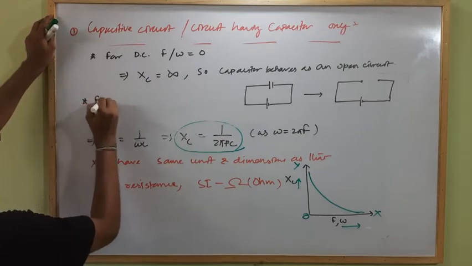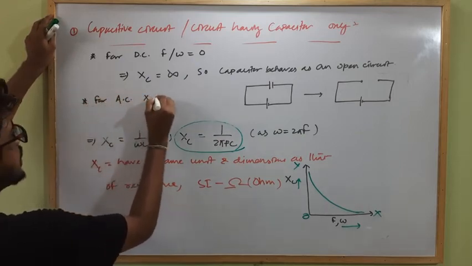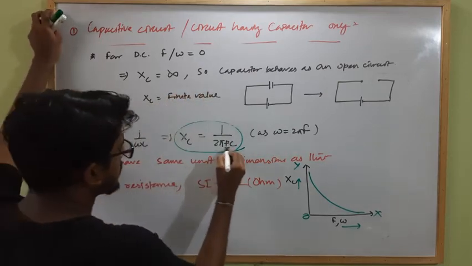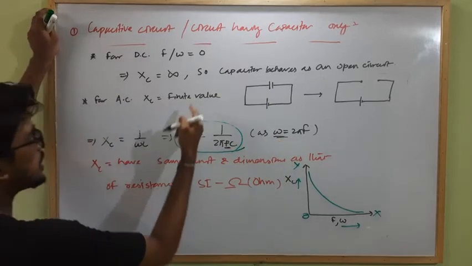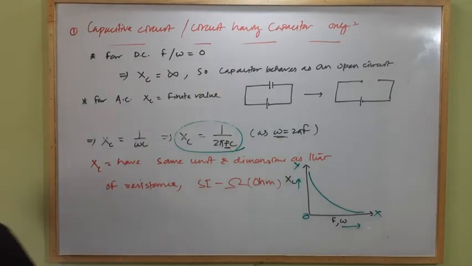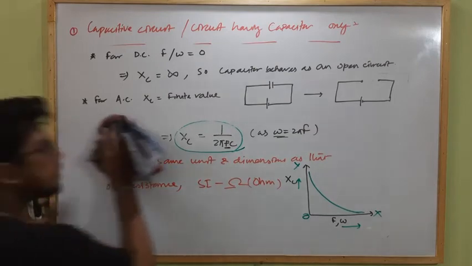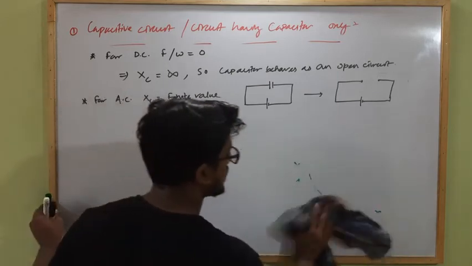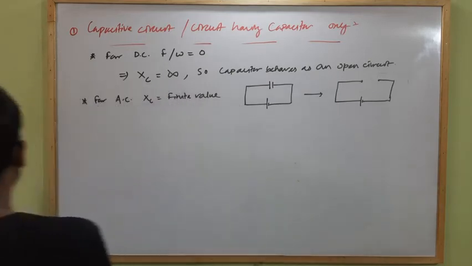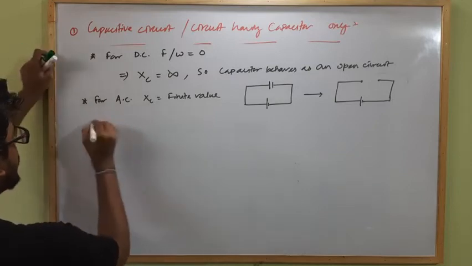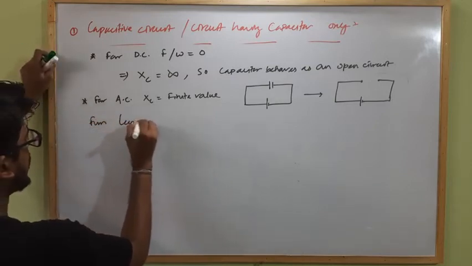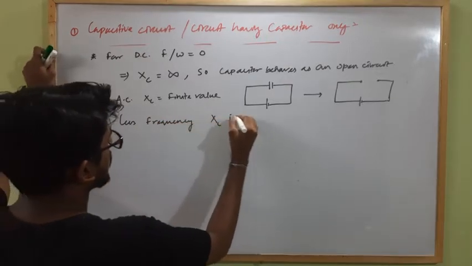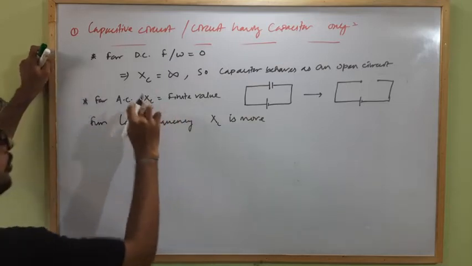Again, for AC, XC has some finite value, because AC has some frequency or angular frequency, so this XC has some finite value. For less frequency input, XC is more, because it is inversely proportional to frequency.